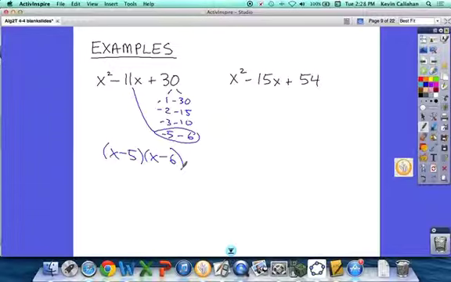I mean, if you start going down the list, 1 times 54, 2 times 27, all I did was double this one and cut this one in half. That has to work. Then we had the 3 times 18. 3 times 1 is 3, so 54 divided by 3 is 18.